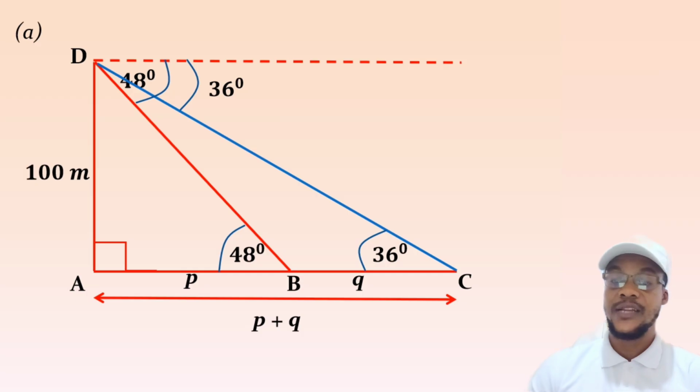Someone may decide to ignore the P, Q, and all that. Someone may also have a different way of illustrating this information in a diagram, but it must look similar. So that answers the first question.